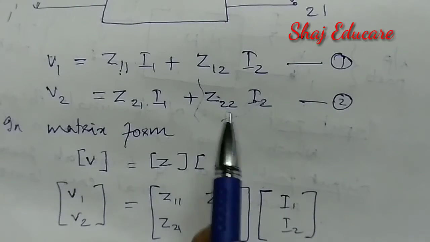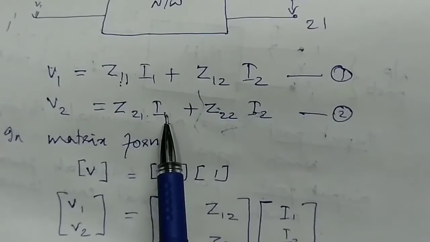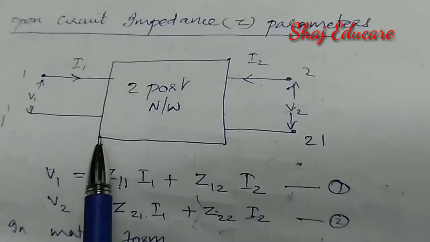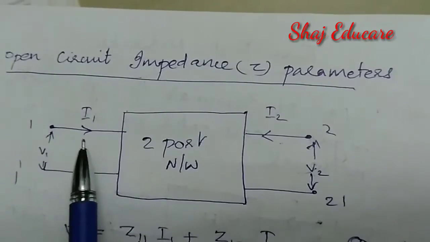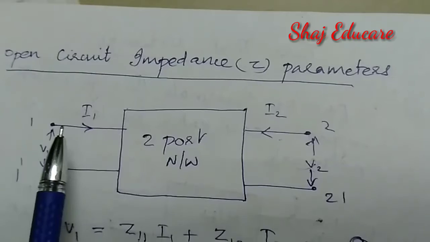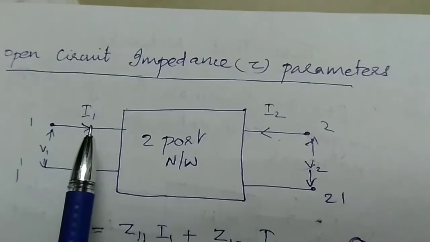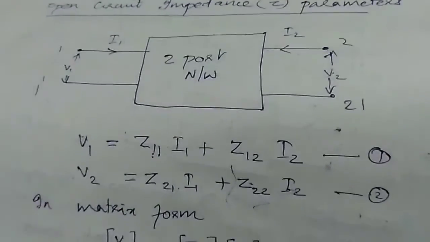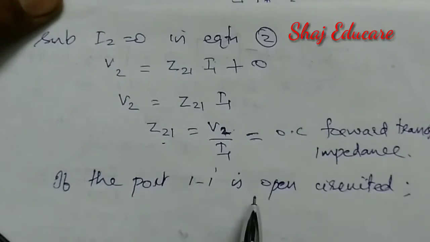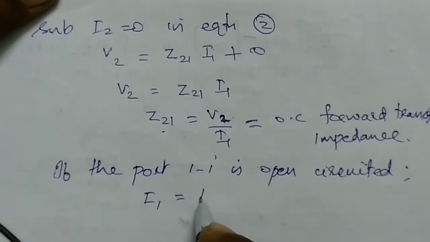Now let us see that. How can we obtain I1 equal to 0? As we already told, the current will be 0 only if it is open circuited. So now let us open circuit the input port. So I1 will be 0. Port 1-1' is open circuited, then we can say that I1 will be 0.